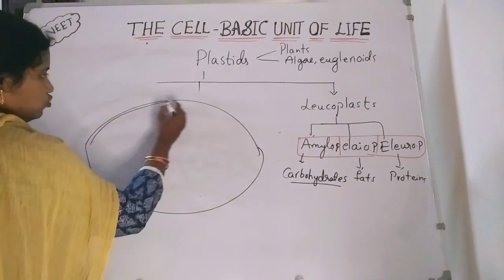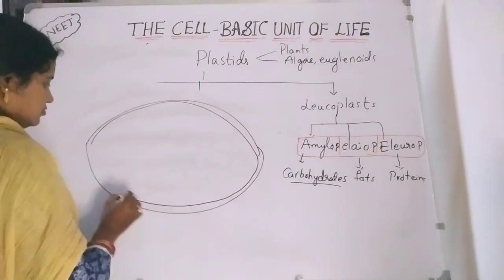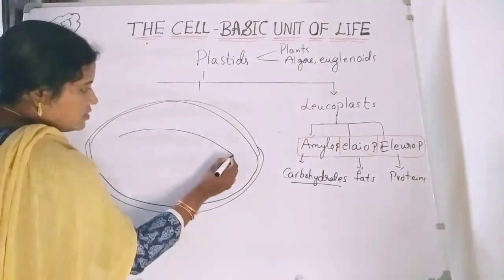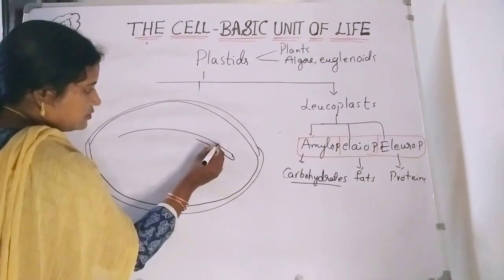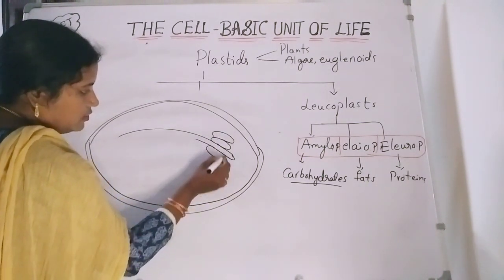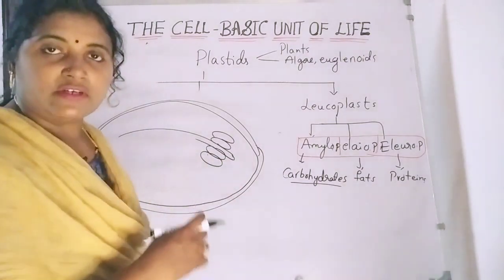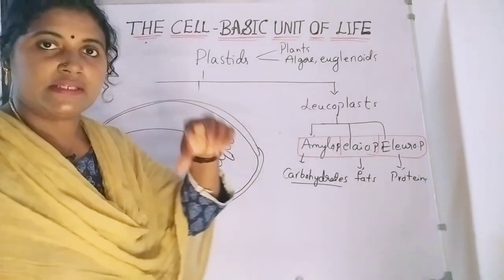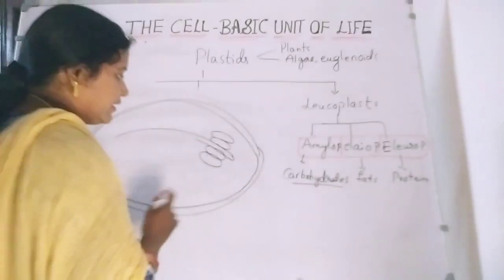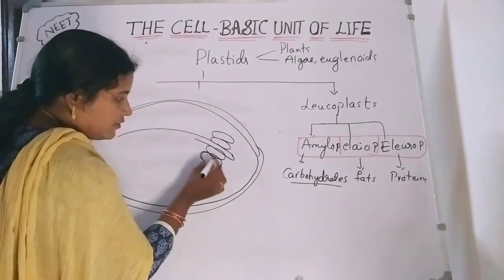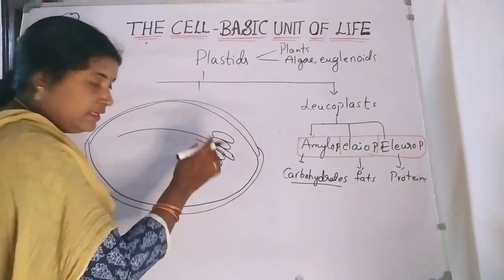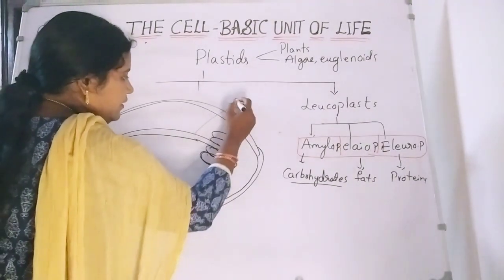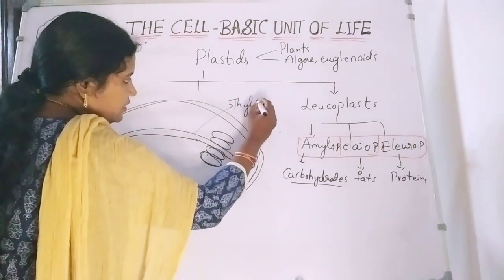It has two membranes, and the third membrane is formed as stacked sac-like structures. How does it look? Like coins in a row. Just like this, stacks are arranged on the thylakoid membranes.